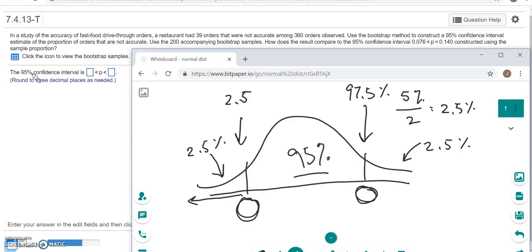Well, that is this 95% plus this 2.5%, which is 97.5%. So our two percentiles that we need for this 95% confidence interval are 2.5 and 97.5.